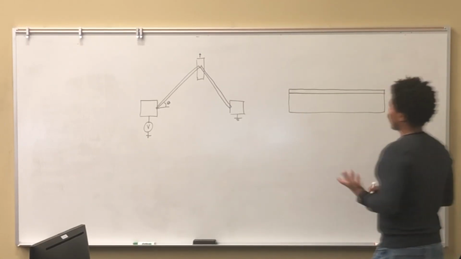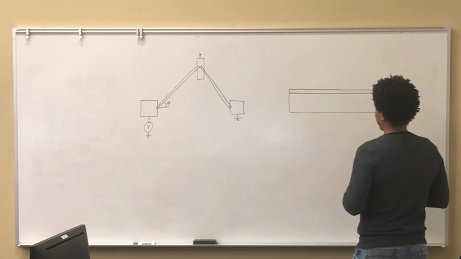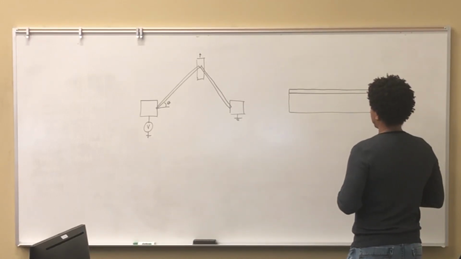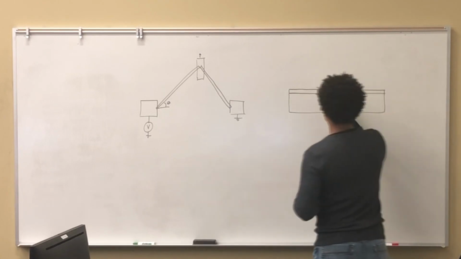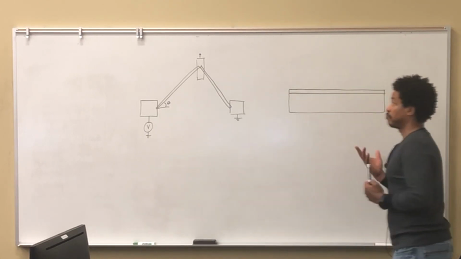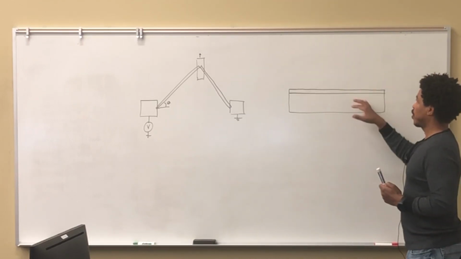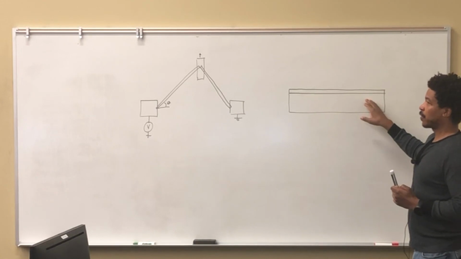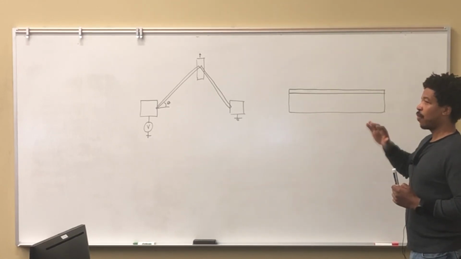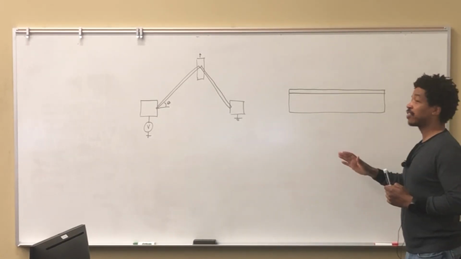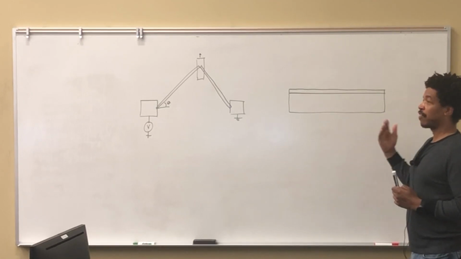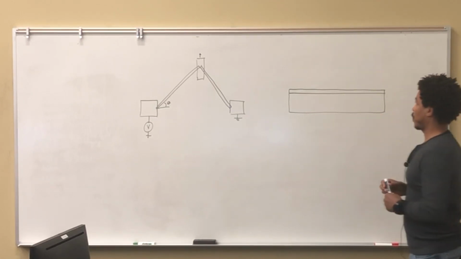Okay, and then, so let's say you put on the layer, and let's say this is silicon dioxide. So there are certain chemicals that will etch one type of material much faster than the other type of material. And that's the kind of thing you want.